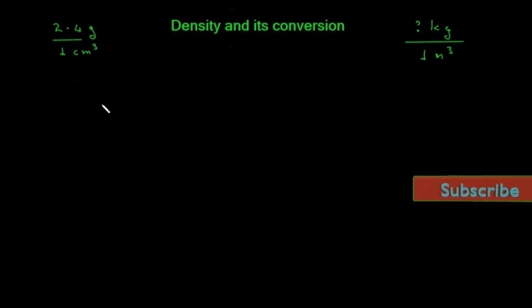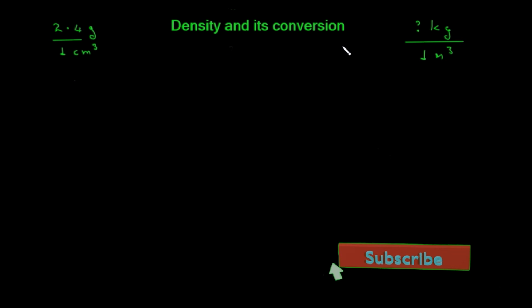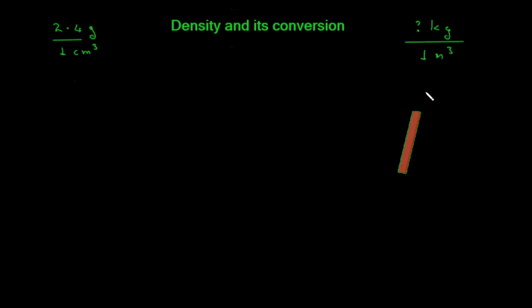We need some information first, so grams into kilograms. First of all, look at the word kilo, 1,000 grams. So 1 kilogram equals 1,000 grams.